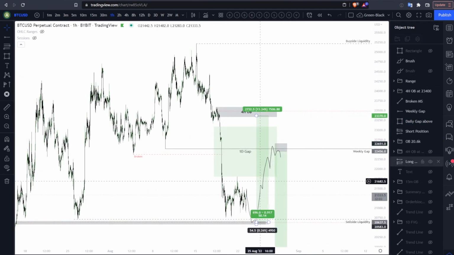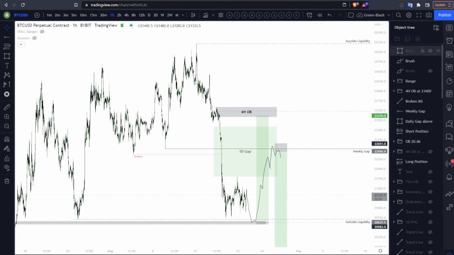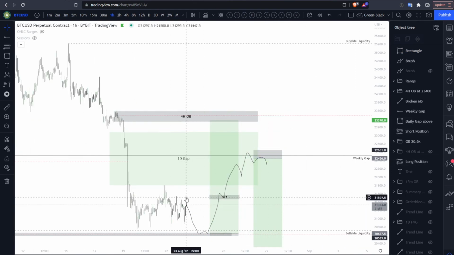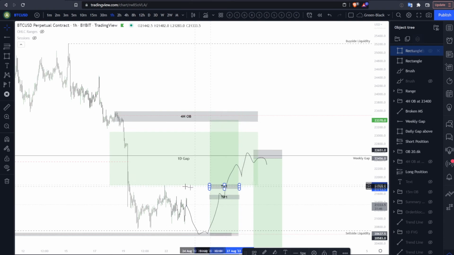Now for this long, the take profit levels will be first these highs, or basically the last highs before we are breaking down. Next take profit will be outside of this current range high.